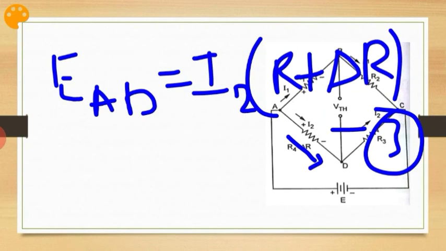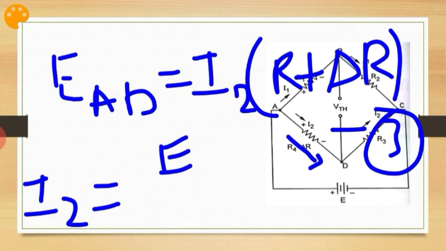What is I2 here? I2 is equal to E divided by the total resistance.